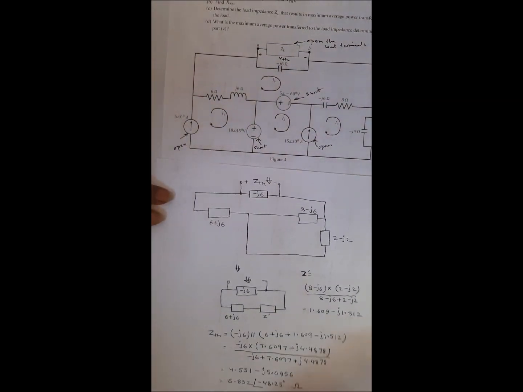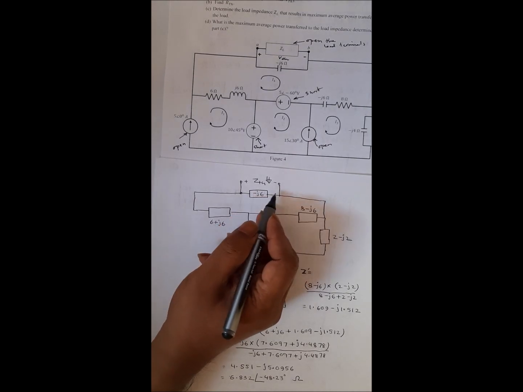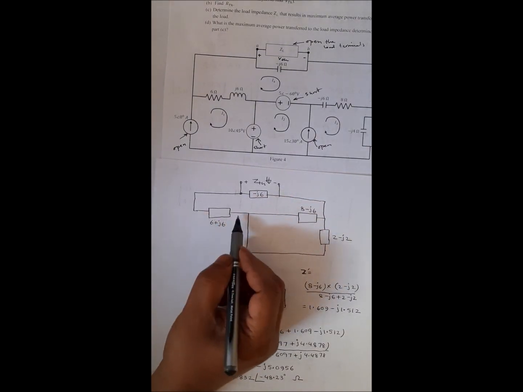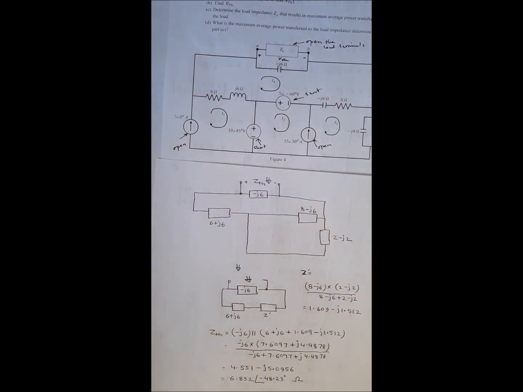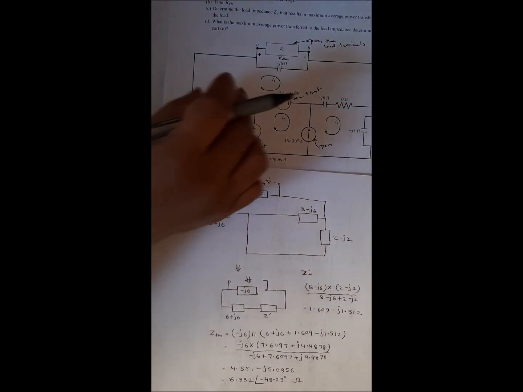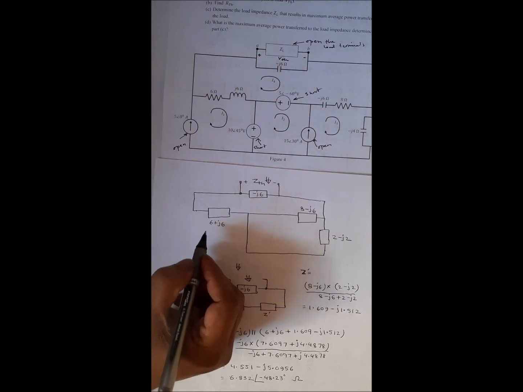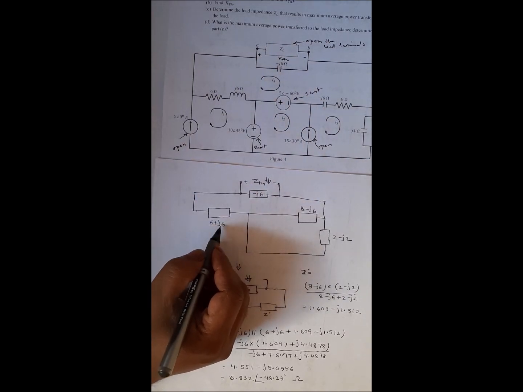So if you see the equivalent circuit by moving this, you will get Z6, and I write 6 minus Z6. So basically I combine these two series impedances together and make Z plus Z6.